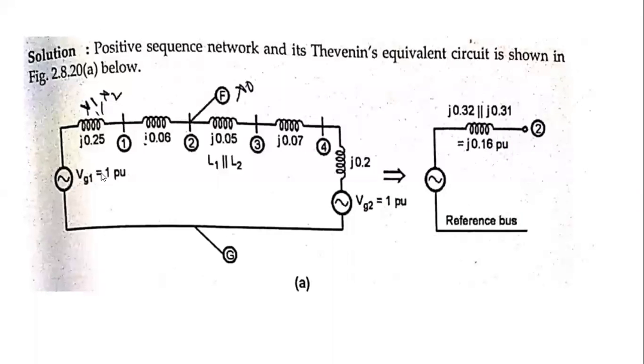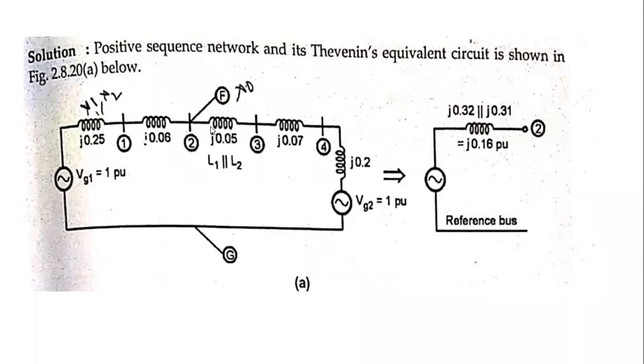Therefore the positive sequence is the voltage source in series with the reactance for generator G1, and the voltage source in series with the reactance for generator G2. What is the transformer positive sequence network? That is only the reactance.